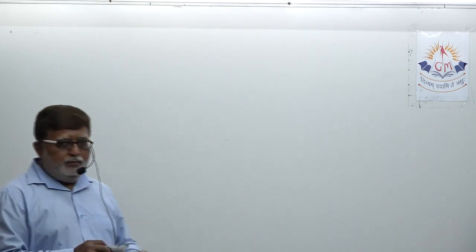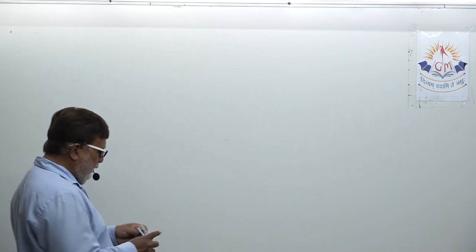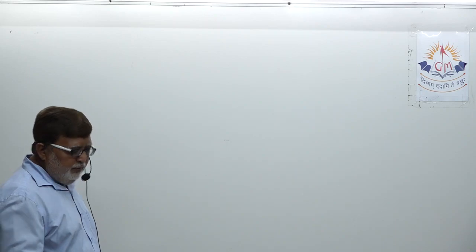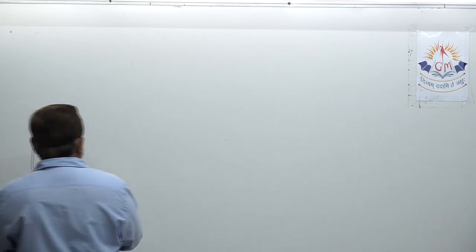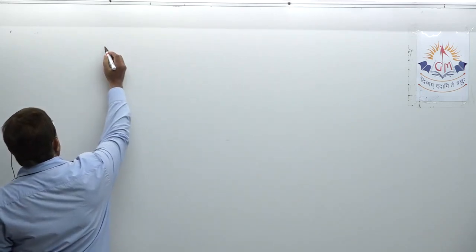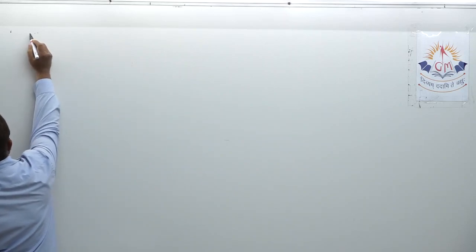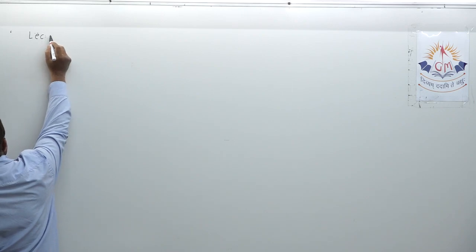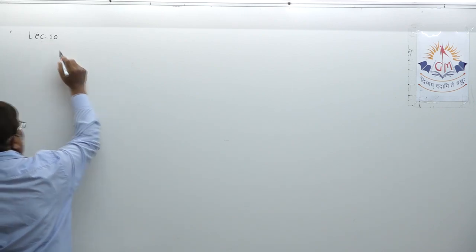Now dear students, in today's lecture number 10, I am going to explain the utilization of another identity. That is what we are going to target today in our lecture number 10.